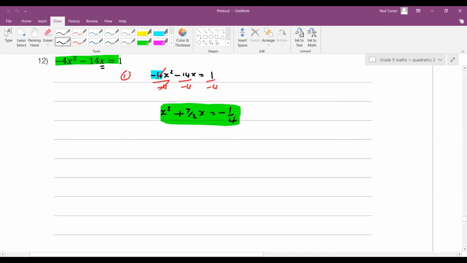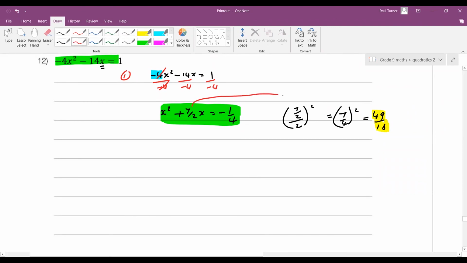So our middle number is 7 on 2. So we halve and square that. You'll get 7 on 4 squared, which is 49 on 16. So if you're getting that number incorrect, I think you're not going to get the right answer, are you? So that's the first thing you need to do.